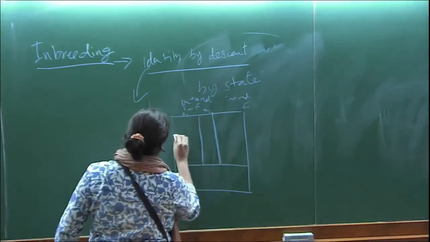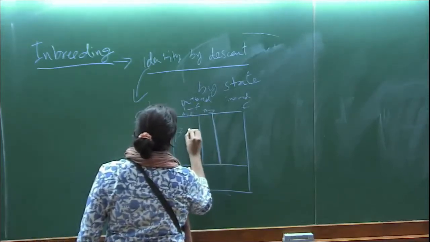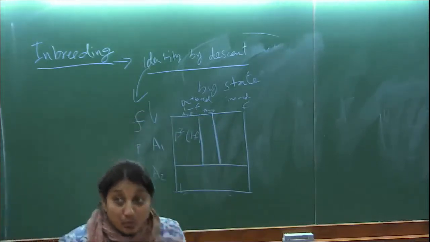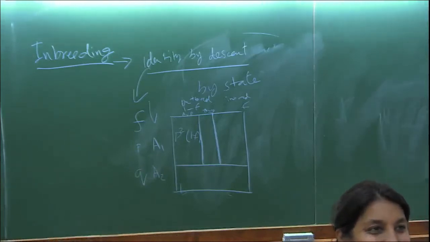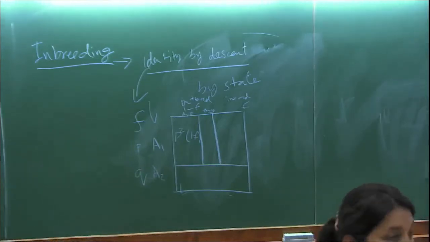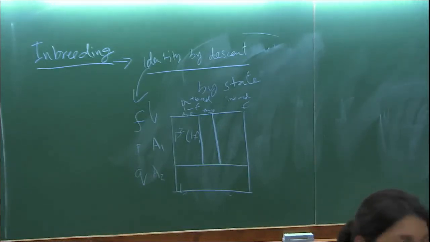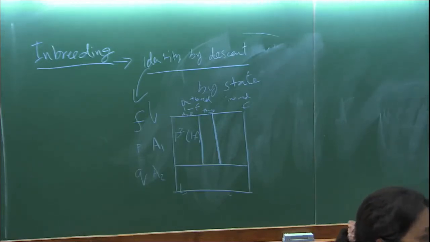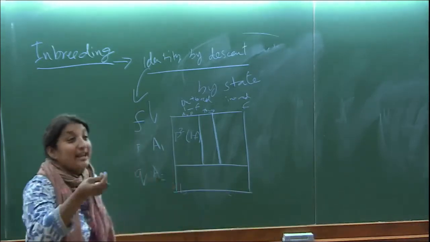So this is P, this is Q, so you'll have P square 1 minus F, that is the proportion of homozygotes that are not inbred, identity by state, but not descent. They're homozygous, so you would immediately think they're inbred. Heterozygous is definitely not inbred, right? 2 different alleles, they cannot be the same. They cannot be because of the same parent, so they cannot be the identical same allele.